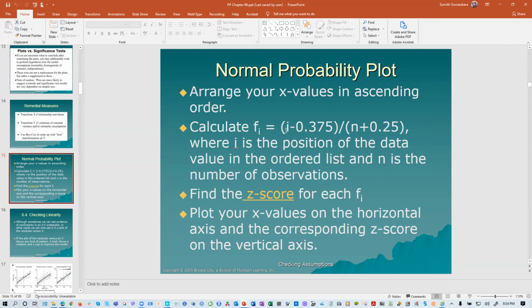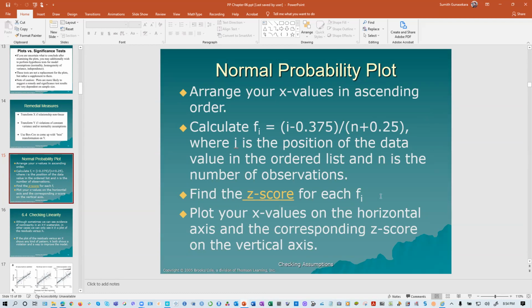Let's say this is the fifth order: (5 minus 0.375) divided by (n plus 0.25), where n is, say, 10 data points. These are some kind of perturbation that has been added and subtracted to make this formula strong and concrete.